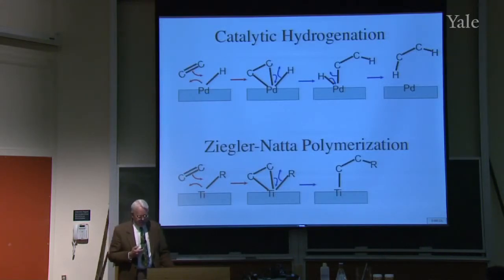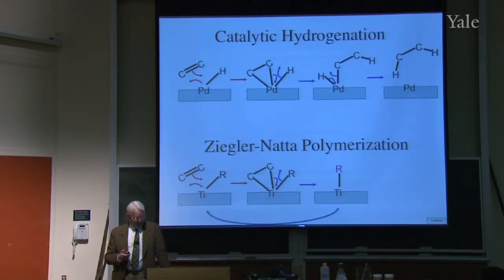But now, we could just call it a different R group. It's not the original R group, it's the R group with 2 carbons in between, right, that we just brought in. Now what can you do? You can bring it back to start over again, right? And that'll be the R. And then you bring it in, and that's the R. And then you do it again and again and again, and you can make a very long chain of ethylene molecules, for example.